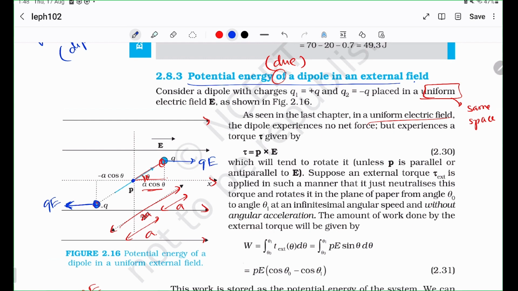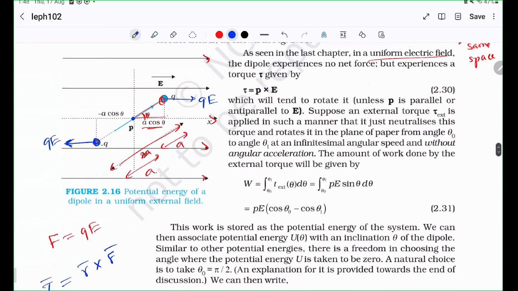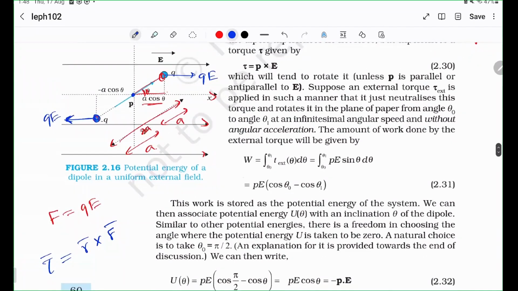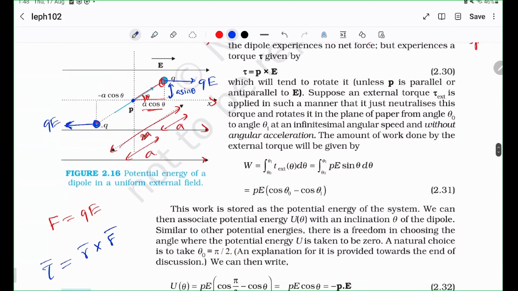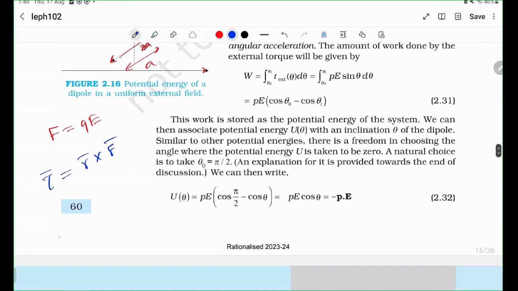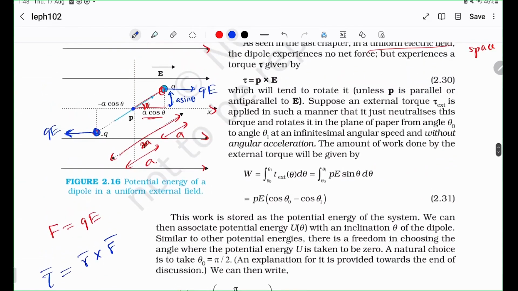Clearly, the torque is r cross F. From the definition of the torque, tau equals r cross F. So in other words, you can just look at the projection. So this is a sine theta. So the cross product will simply be qE times a sine theta. So r times F times sine theta, and in the direction of the rotation.